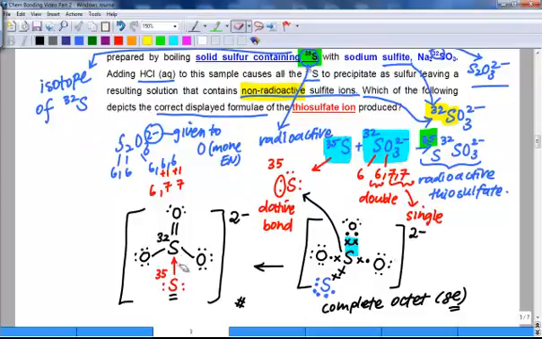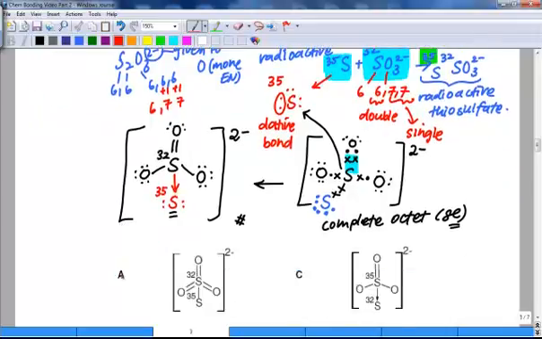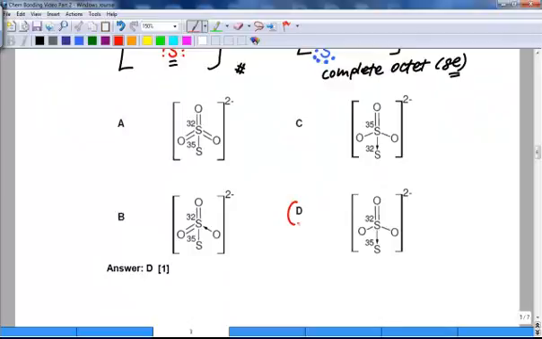Okay, and of course for my Lewis diagram, I would have to change the direction. Okay, and so this will be my correct answer. So your correct answer should be D.